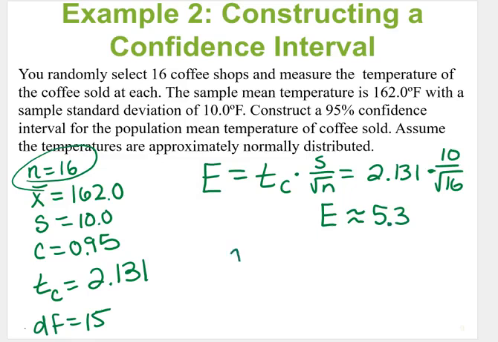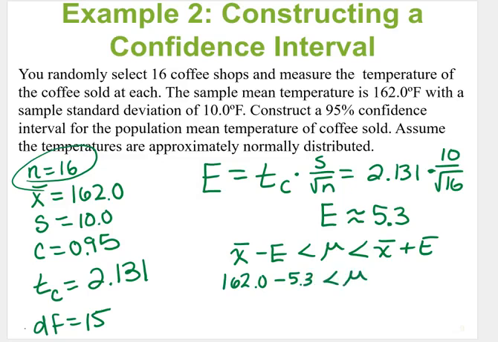So my margin of error is exactly the way it used to be, right? We're just going to take the population mean is somewhere between the X bar, which was 162.0, minus that error, and then the high end would be 162.0 plus that error.